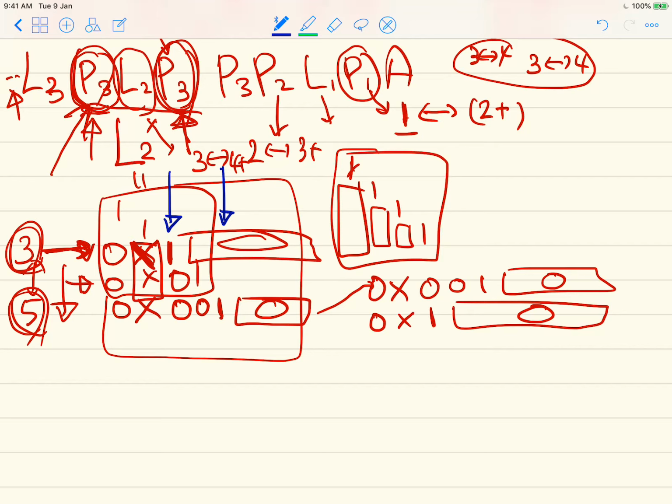So in this case, we will do the interchanges between these two columns, right?